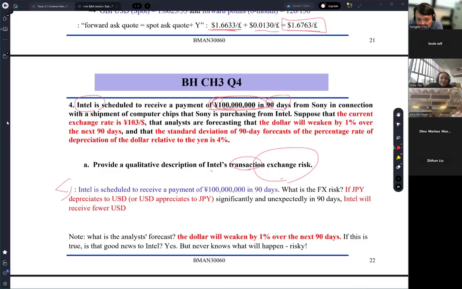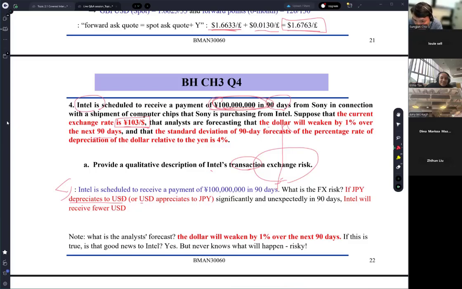Now, the current exchange rate is given, and analysts are forecasting that the dollar will weaken by 1% over the next 90 days. This is actually the opposite of the previous case. Intel will lose if the yen depreciates, but if the dollar depreciates, they will get more dollars. Many students are confused about this.